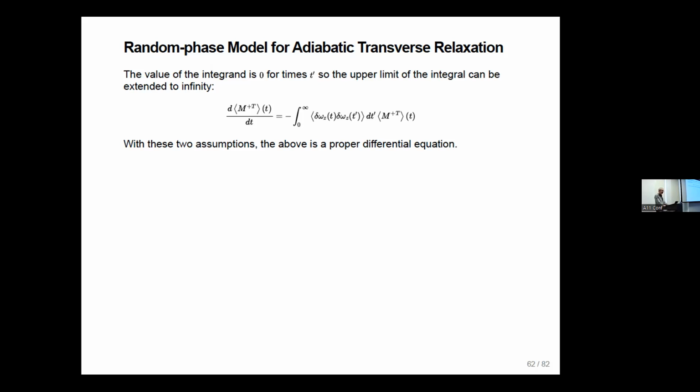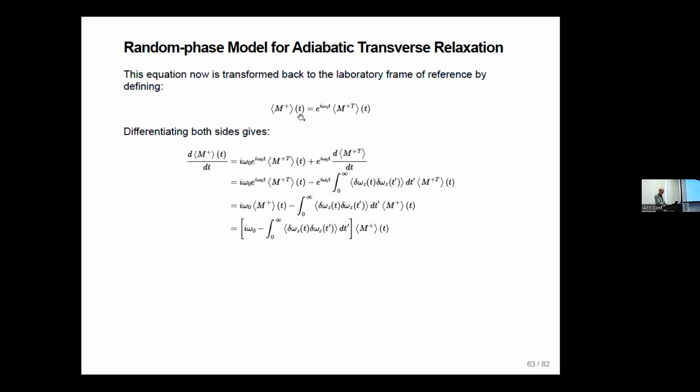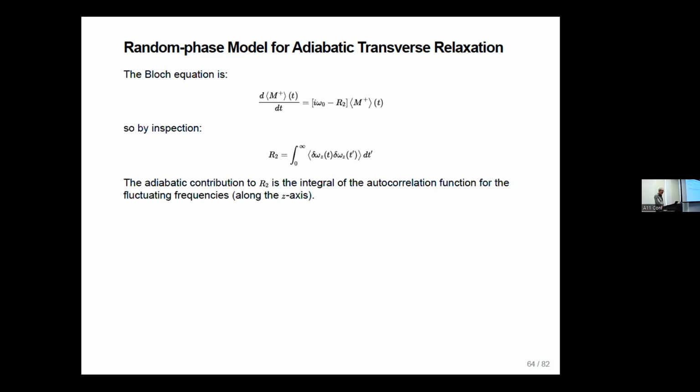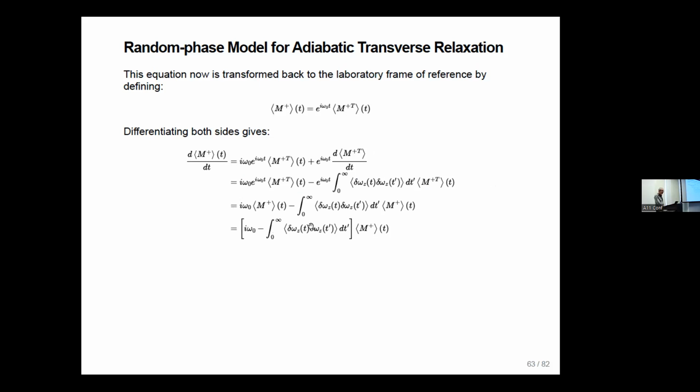But I now have a differential equation for the ensemble average magnetization, the magnetization over my sample. I'm in this funny frame, so I can transform back out to the laboratory frame. And when I come back to the laboratory frame, here's what I have.